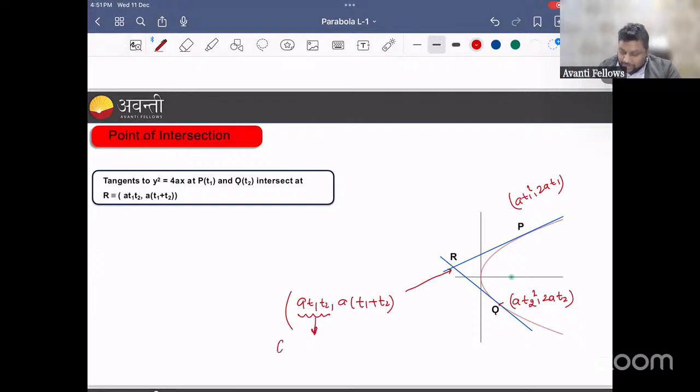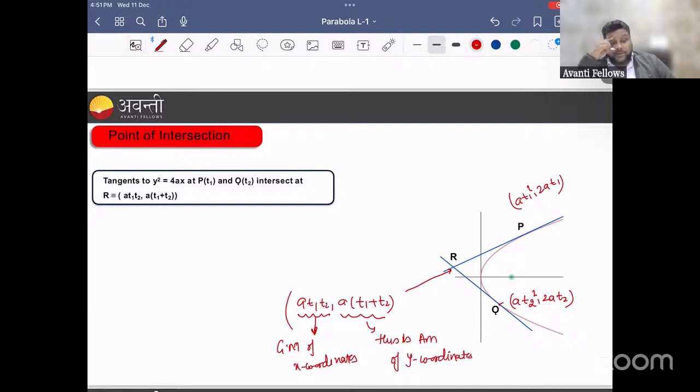This is geometric mean of x coordinates, and a (T1 plus T2), this is arithmetic mean of y coordinates. Geometric mean of x coordinates, arithmetic mean of y coordinates.